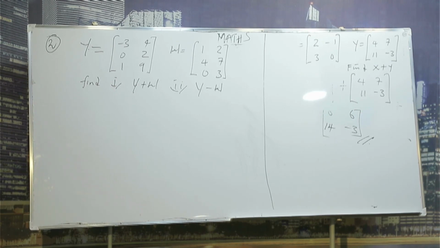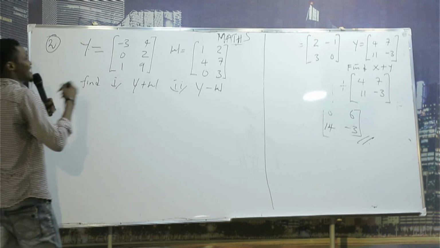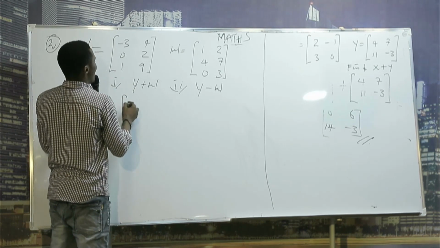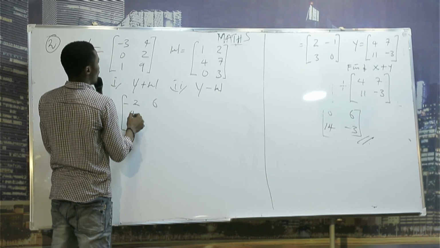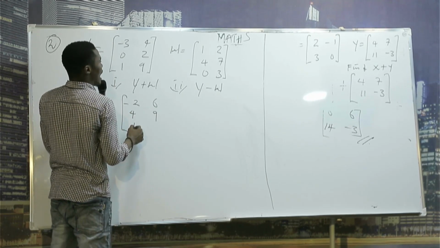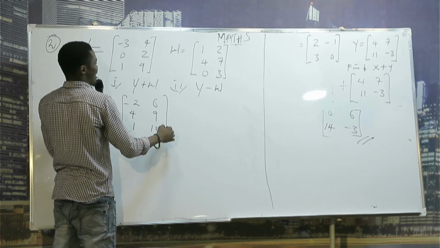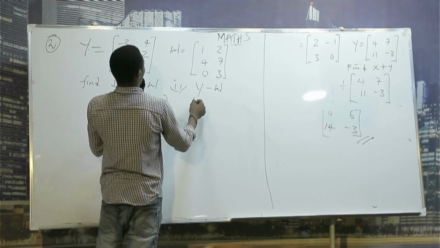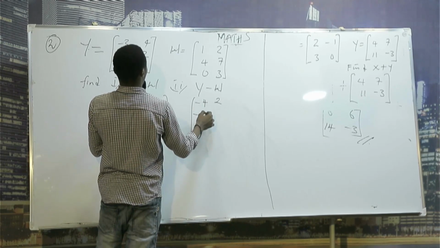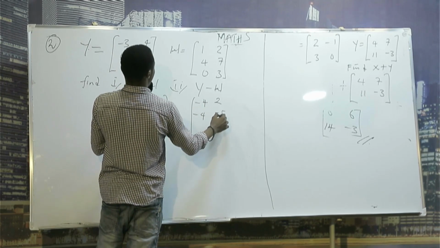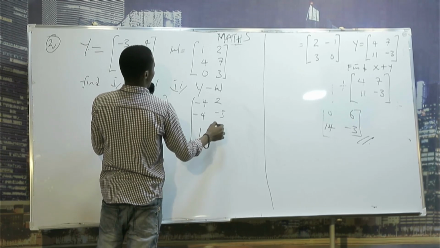Yes, do we have an answer? Okay, what did you get for the first one? Minus 2, 6, 4, 9, 1, and 12. What did you get for the second one? Minus 4, 2, minus 4, minus 5, 1, and 6.